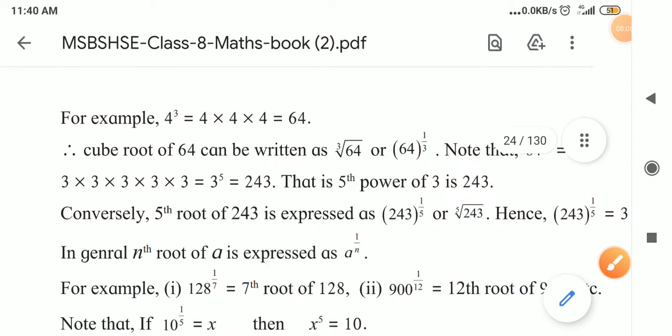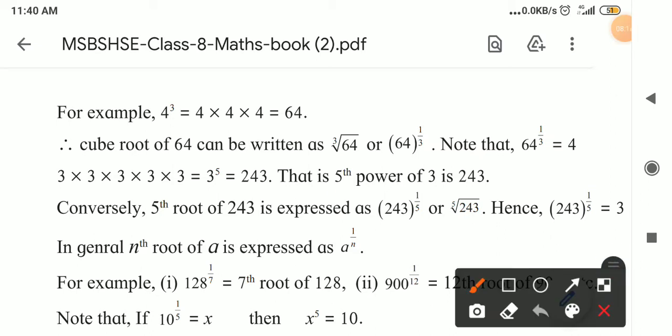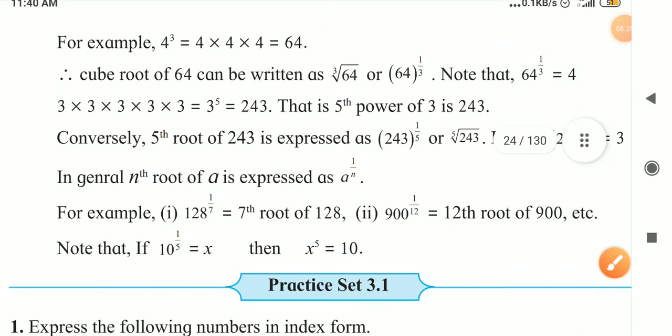Cube root we understand, square root we understand, but here 5 times came. So how to write this? Fifth power of 3. How to read this? Fifth power of 3 is 243. Conversely means its opposite.